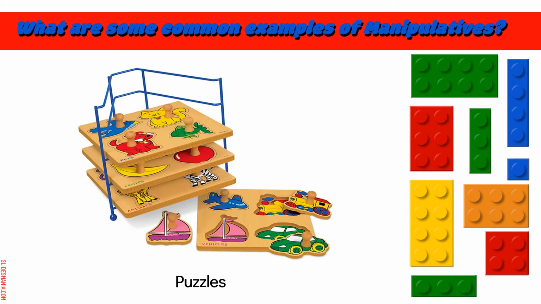Shown here is a puzzle rack with just some basic puzzles. So puzzles are something that a lot of kids can do of a lot of different ages. Obviously, this is a very simple puzzle. These puzzles actually have a little peg on them or a little knob on each piece, so the child can easily pick it up when they don't have really well-developed fine muscle skills.